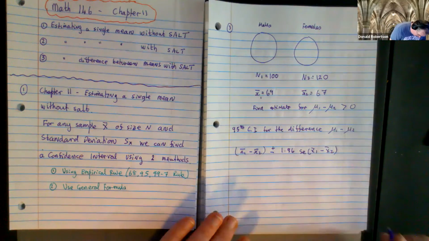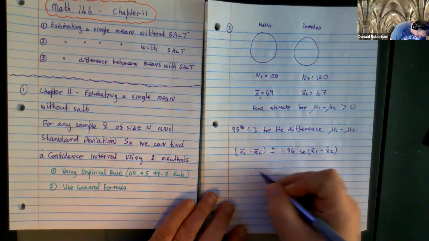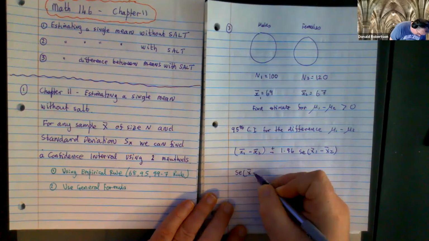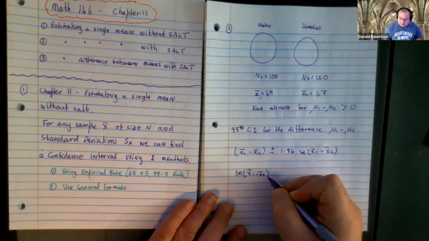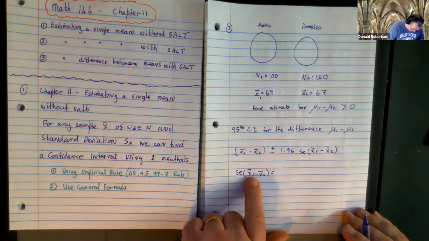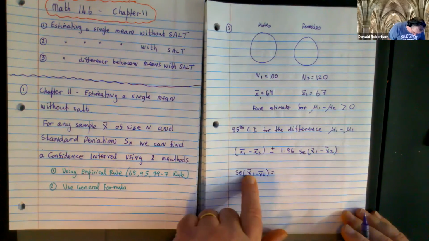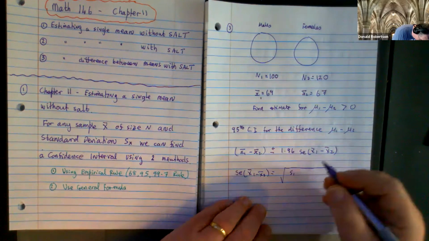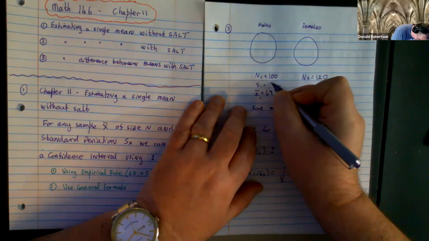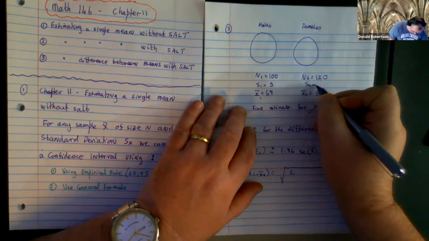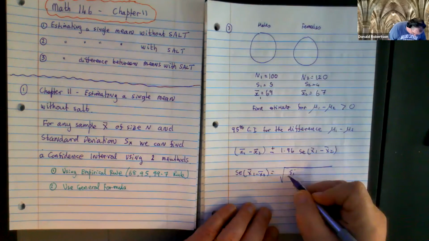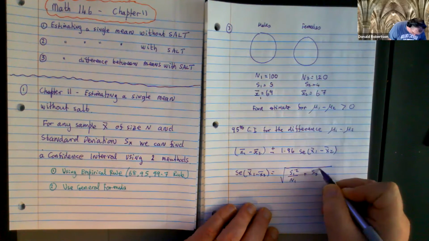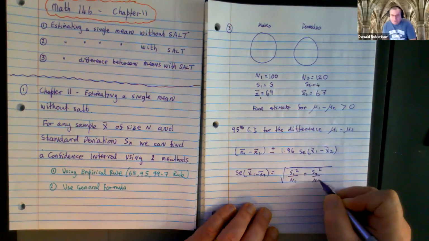Now, the formula for getting the standard error of the difference is the square root of S1 squared over N1 plus S2 squared over N2. Oh, I forgot to tell you, S1 is 5, S2 is 4, right?